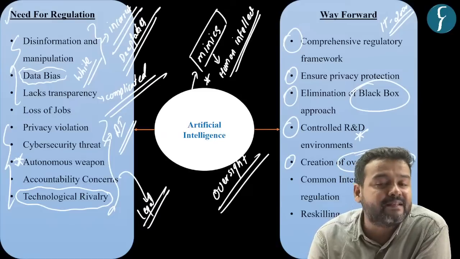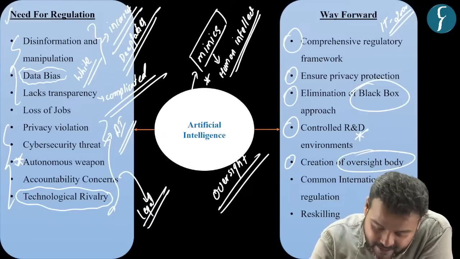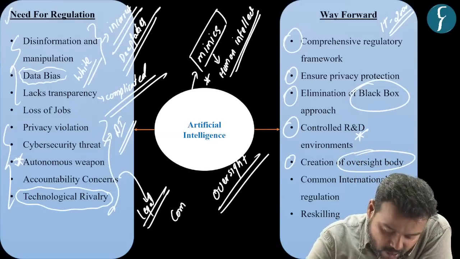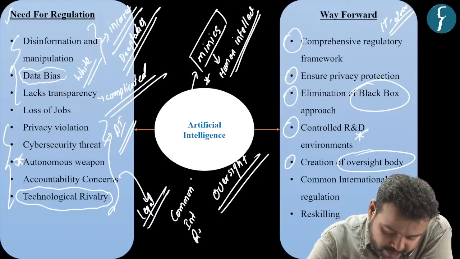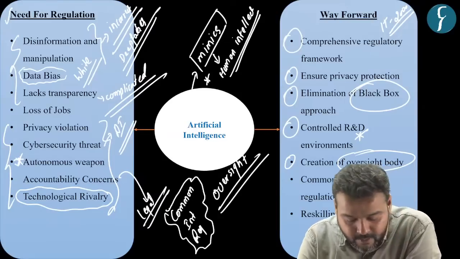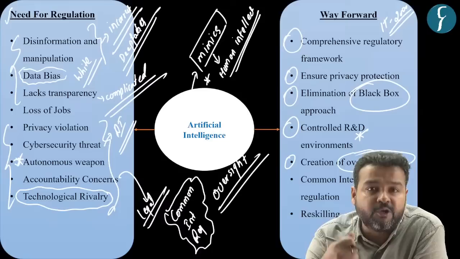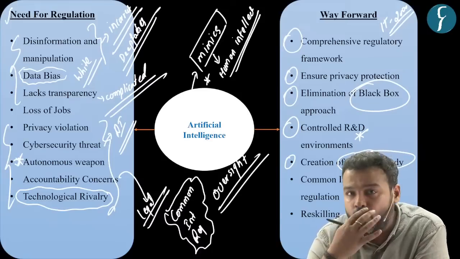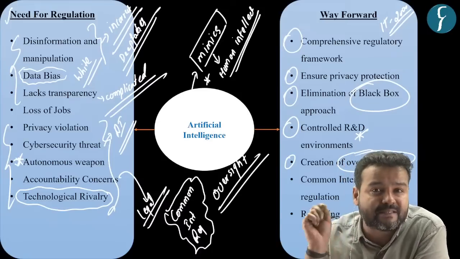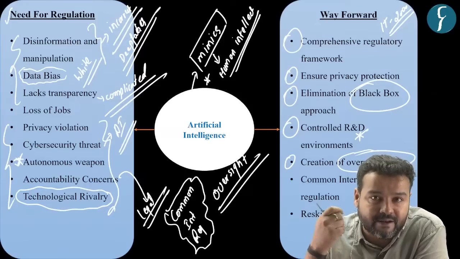It is an international phenomenon. So there is a need of a common international regulation framework where the entire community should come together to lay down some basic rules and regulations.